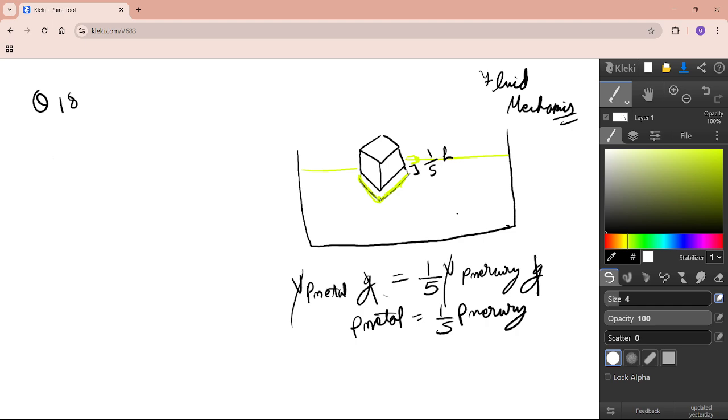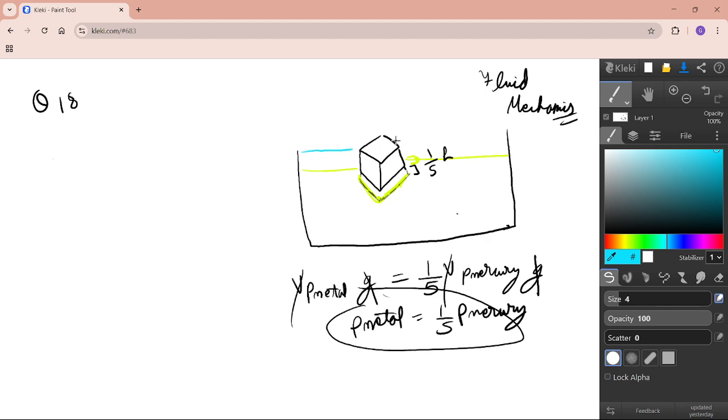Now, so we got this, and then we are pouring over water.